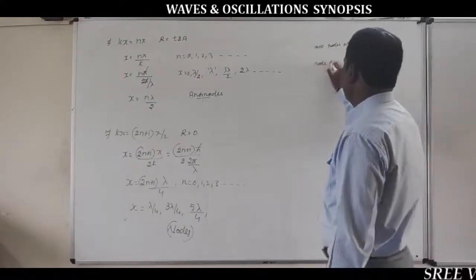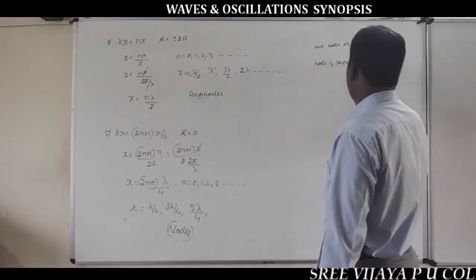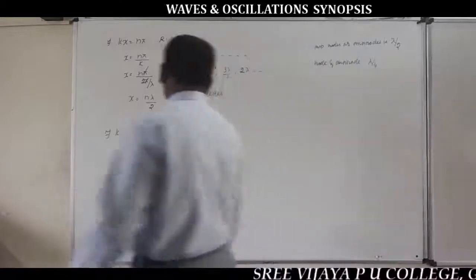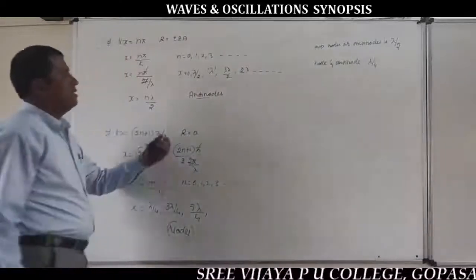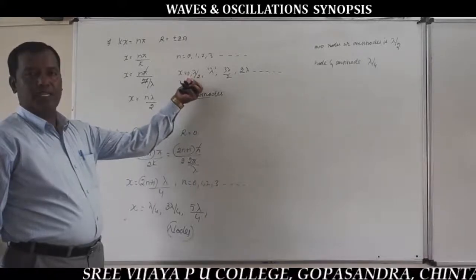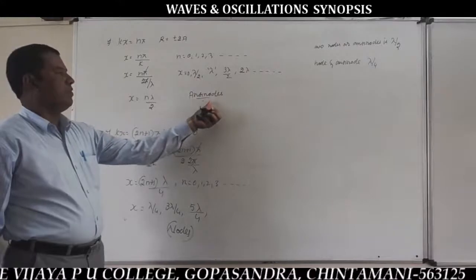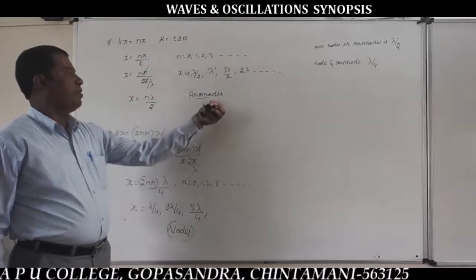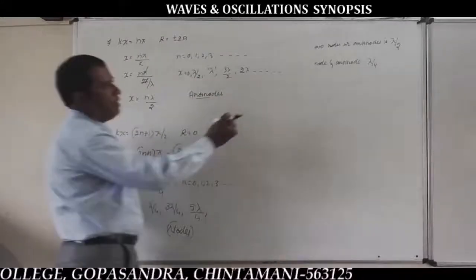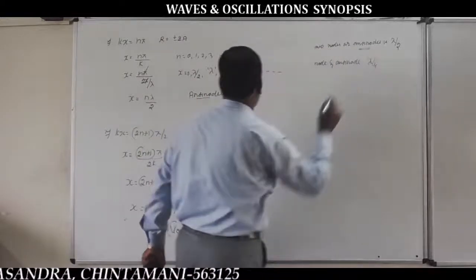Distance between node and antinode is lambda by 4. Now let us consider at x is equal to 0, there is generation of antinode. At x is equal to lambda by 2, there is generation of antinode, lambda, antinode. Now the distance between two nodes or two antinodes is lambda by 2.